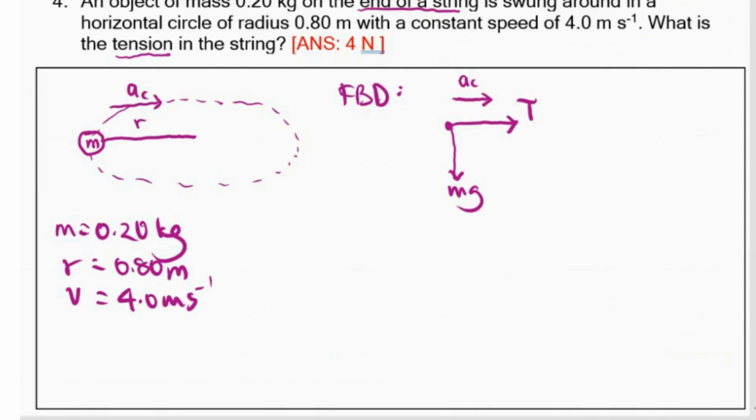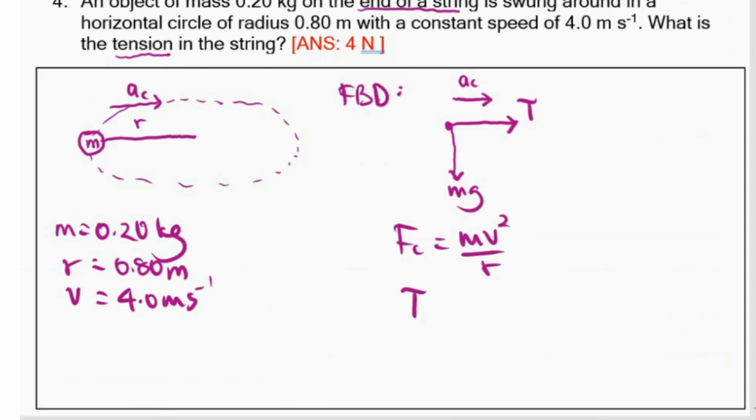So the concept to be used here is FC is equal to mv squared divided by r. Okay, this is the formula for centripetal force. And then you have to think what is the FC. So FC in this case is the force parallel to the centripetal acceleration. So there's only tension force.